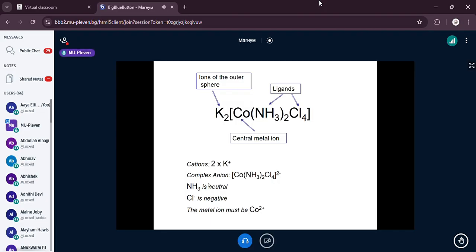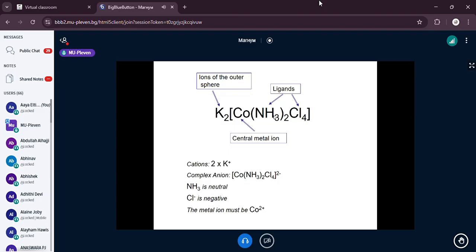So we have complex ion and the outer sphere. Central metal ion is cobalt ion. Ligands: 2 ammonia molecules and 4 chloride ions.